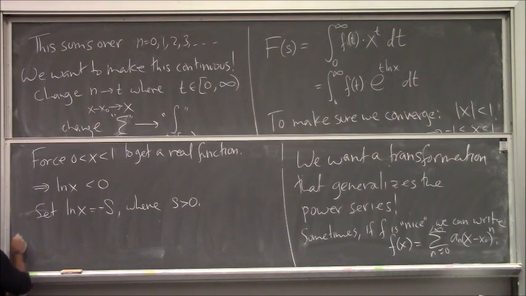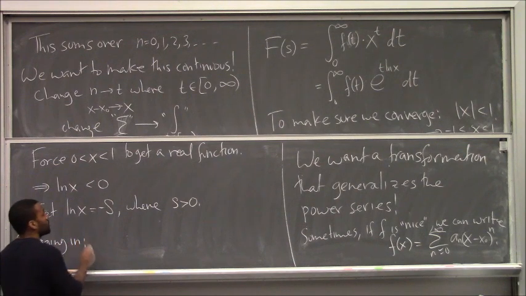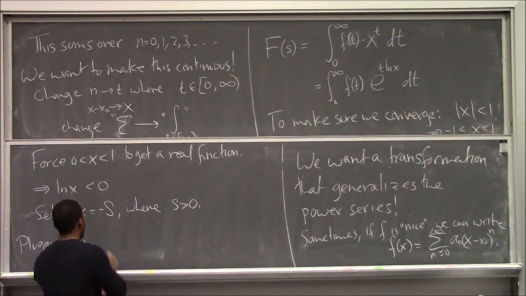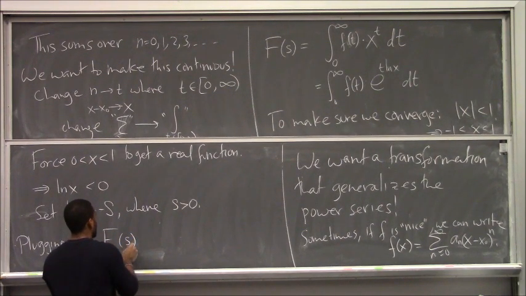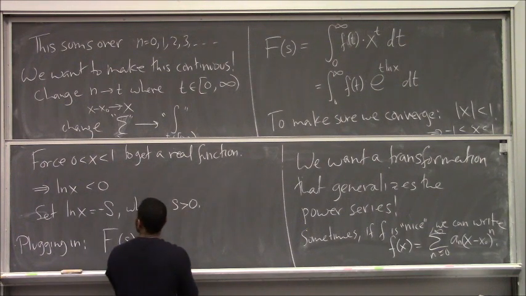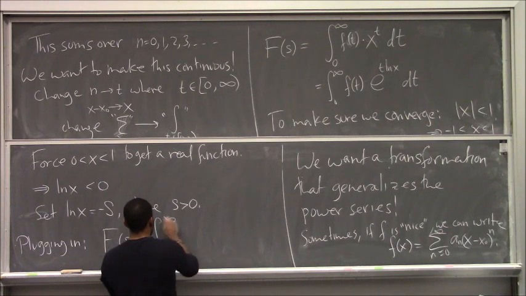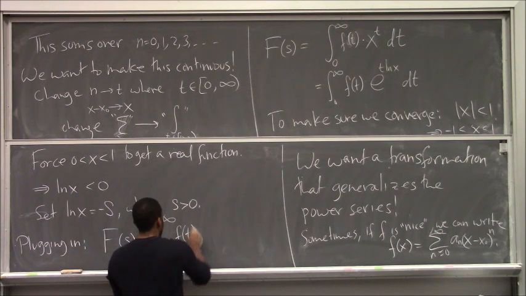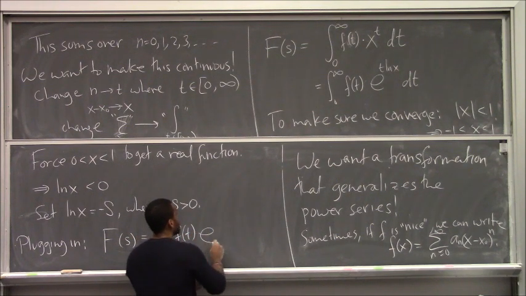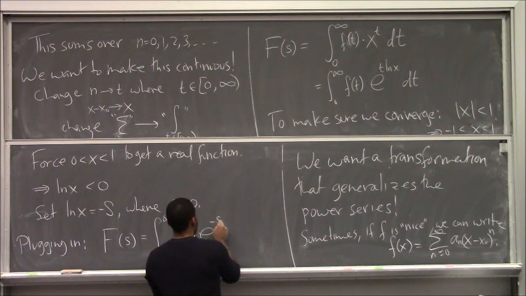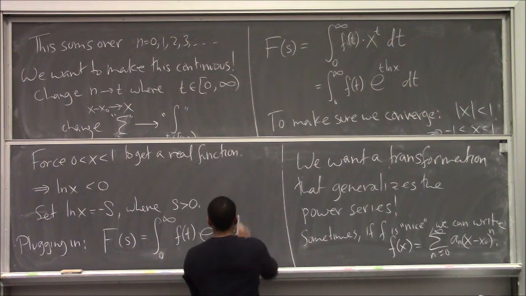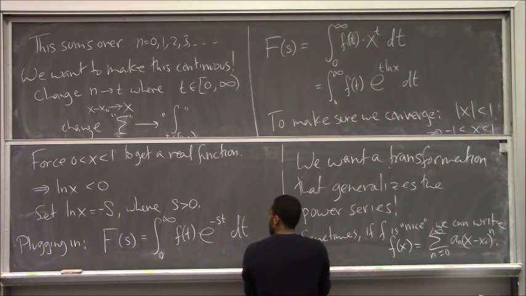And so plugging in, we end up with the following. My big F of s is going to be the integral from 0 to infinity of f of t e to the minus st dt. Oh, so we just did a substitution.